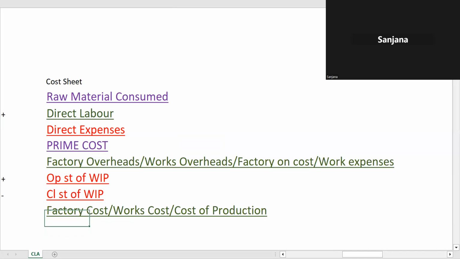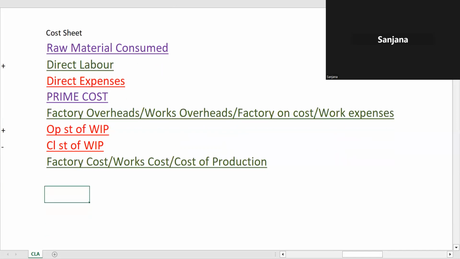So after the factory cost stage, next what you add is office expenses. It is office expenses, also called administration expenses, administration expenses, overheads.